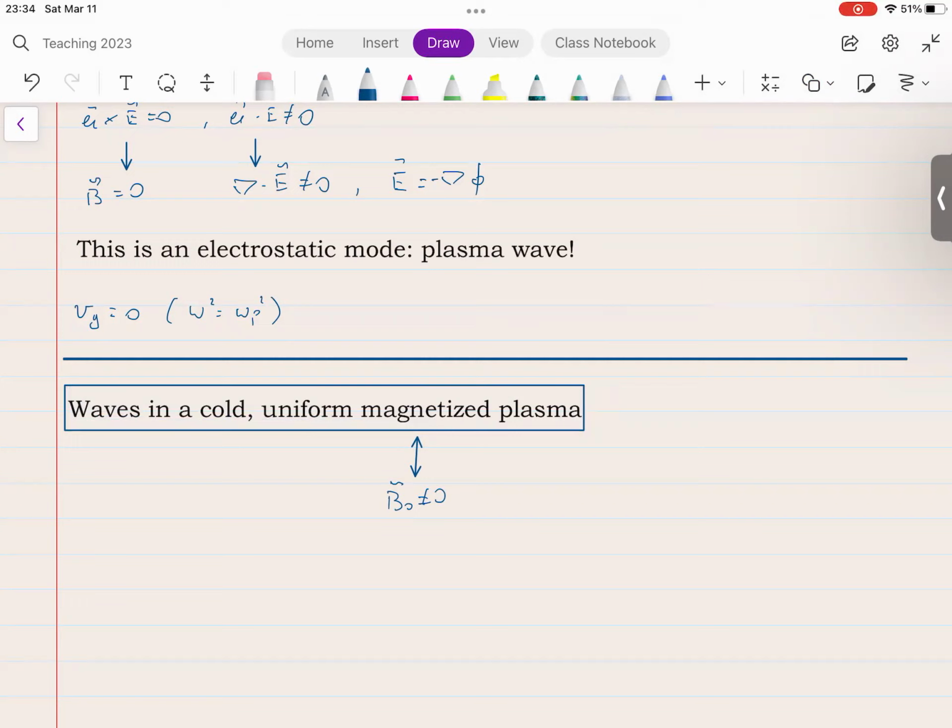Well, then, if the magnetic field is non-zero, my equation of motion for the charged particles that make up the plasma is going to look like this: equation of motion for charges.